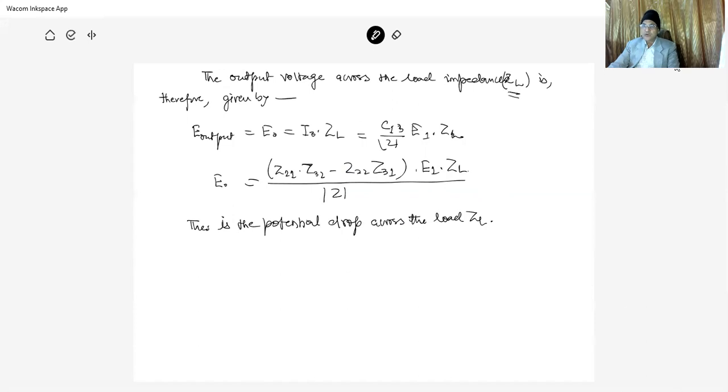So the E output is equal to E0, and this is the current I3 multiplied by ZL, that is the load impedance. So finding this gives the expression for E0, the potential drop across the load ZL in the pi network.